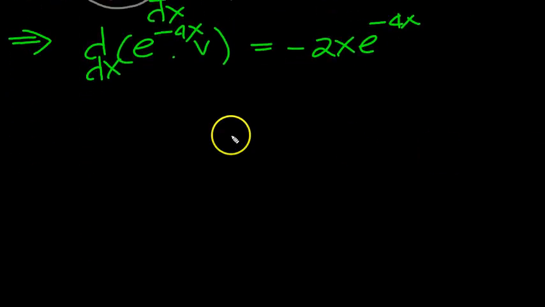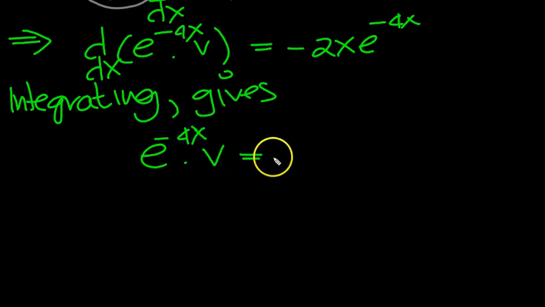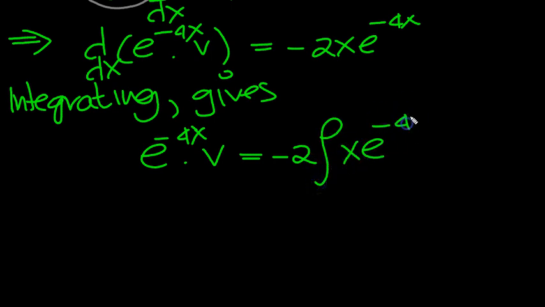Integrating both sides with respect to x. So integrating now gives, so the integral of the derivative is just what's inside, e to the minus 4x times v equals, the minus 2 can come out the front, and we've just simply got the integral of x e to the minus 4x, and that's a product, so we need to use integration by parts.